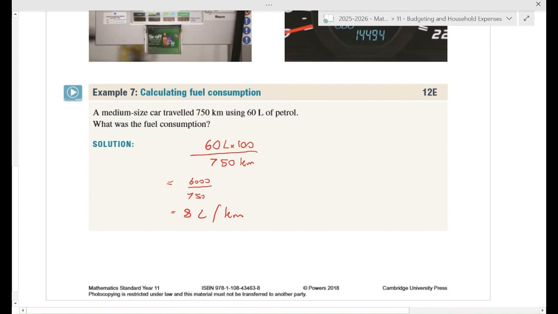Or what you could actually do is you could do 60 over 750 and then times it by 100. So if we do the same there, if we do 60 over 750, you're going to end up with 2 over 25 or 0.08, and then times that by 100, and that would give you 8. Okay? So what are we actually doing here?